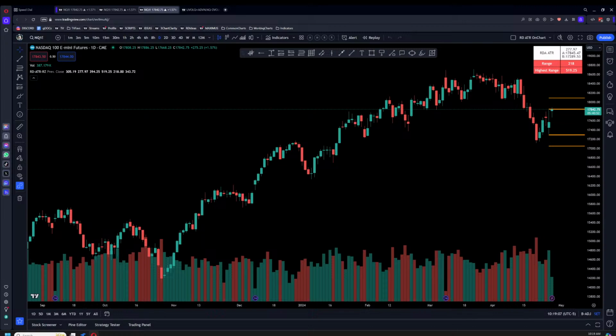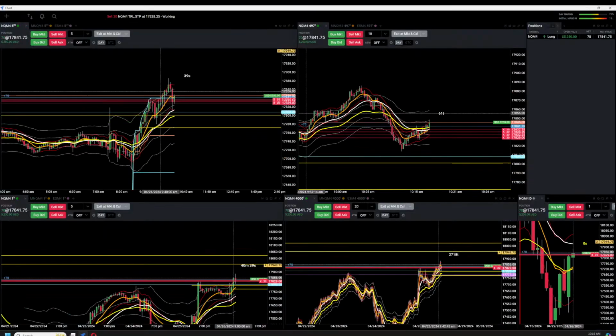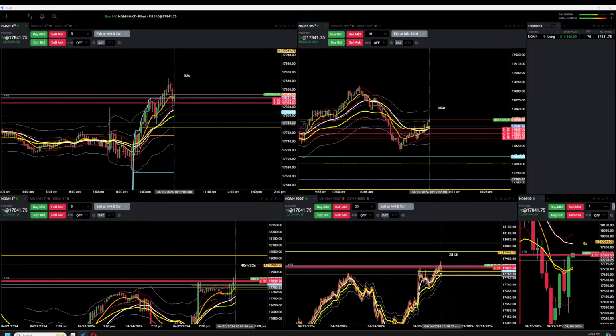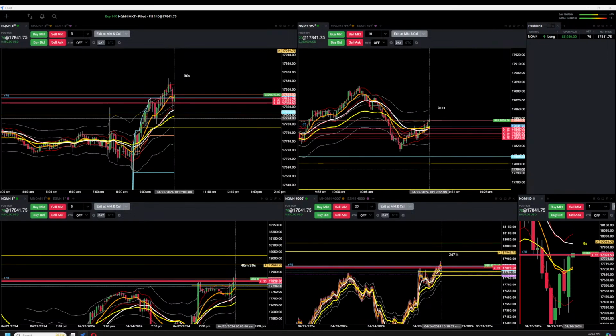Okay, I considered it. And I did it. Sorry. I always forget to switch this back over. I'm trying to do two things. But I only have 3 monitors here instead of my 6. I should have gone to my 6 monitor setup.